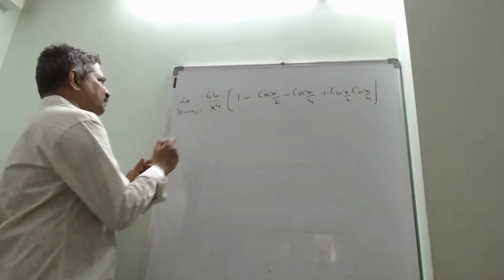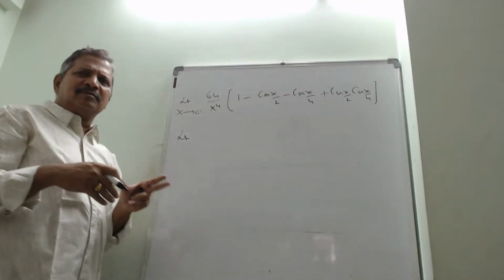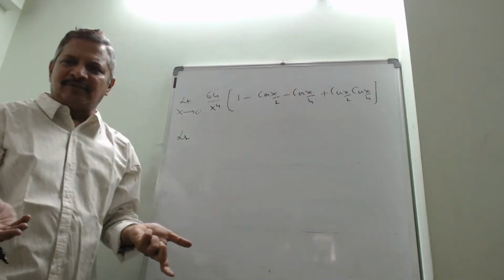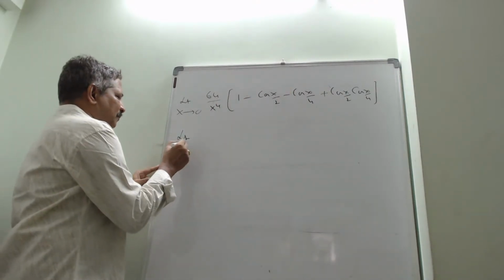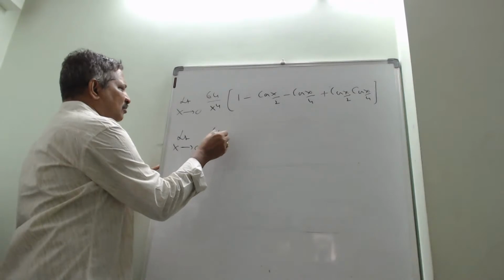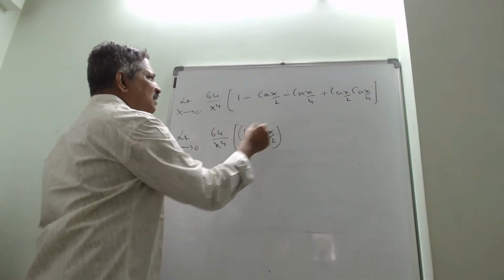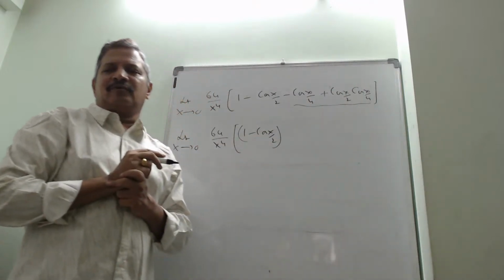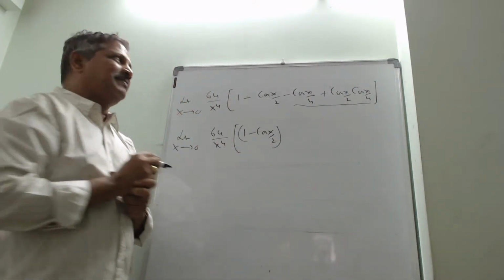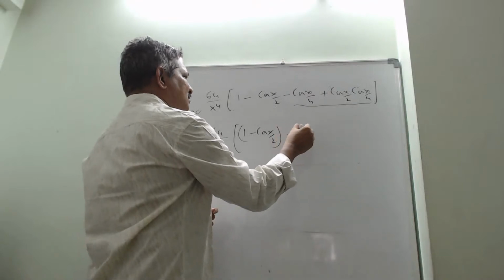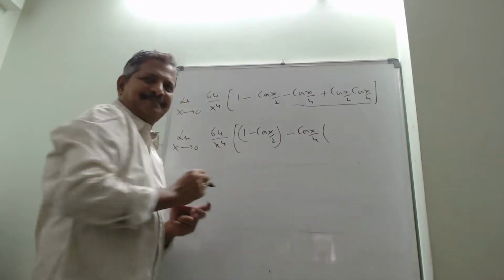Now what do we do? If you substitute directly in the limit, you will get 0 by 0. So first step: 64 by x power 4, 1 minus cos x by 2. From these two terms I will take cos x by 4 common.